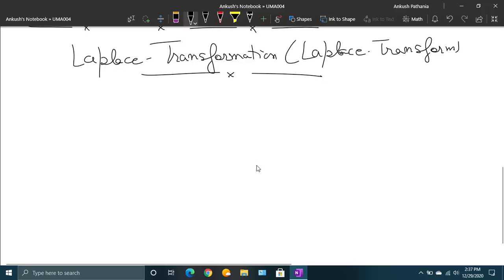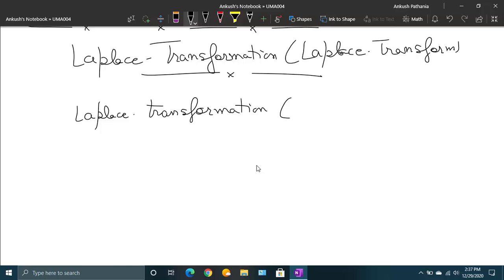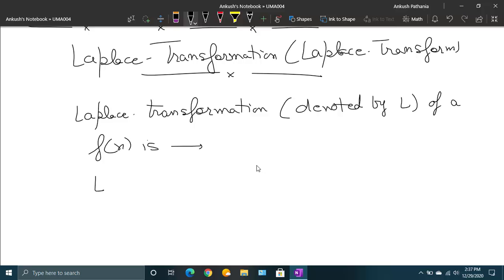The Laplace transform or Laplace transformation is denoted by capital L, as in case of differentiation you represent it by operator D, and in case of integration you represent it by capital I. Similarly, in Laplace you represent it by capital L. The Laplace transformation of a function f(x) is given by L of f(x).